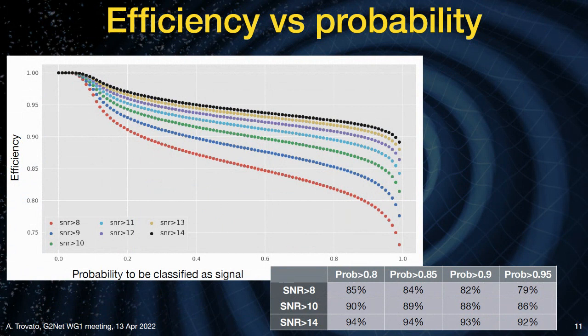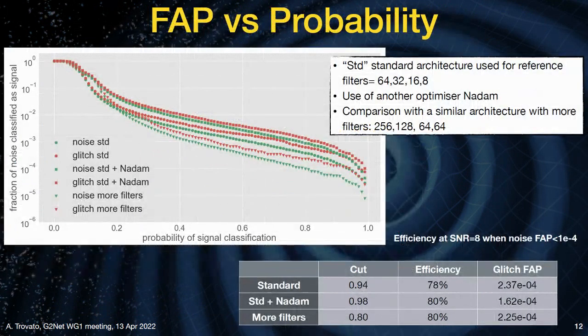So SNR greater than 8, that's the efficiency you get. And then when you increase the SNR, you also increase the efficiency. Of course, this then has to be coupled with the false alarm rate. And this is an example of the fraction of noise classified as signal.